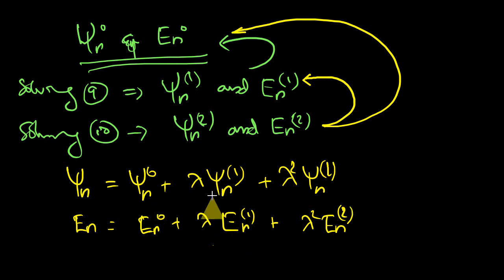So by finding the first order and second order corrections to the wave function and energy, you can get the expression for the wave function and energy of the perturbed system, in terms of the corresponding wave function and energy of the unperturbed system. And this is essentially the perturbation method.